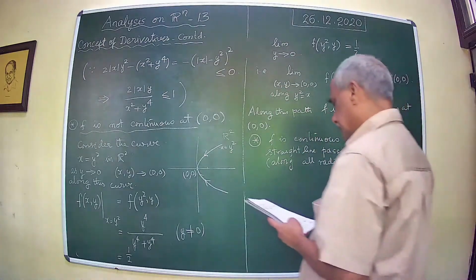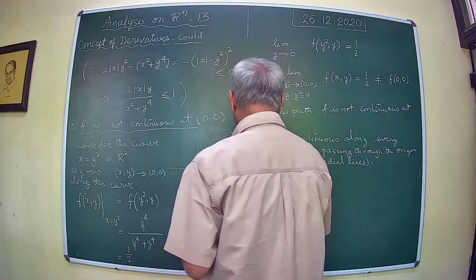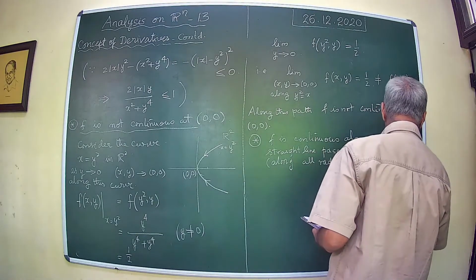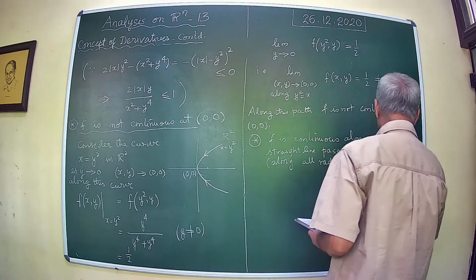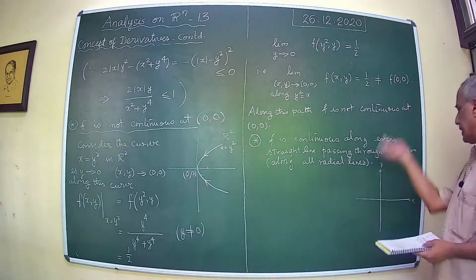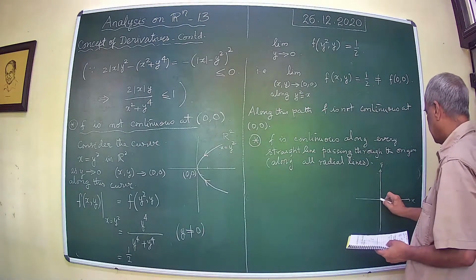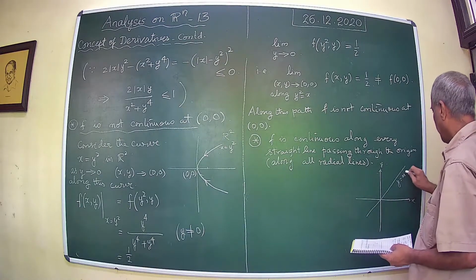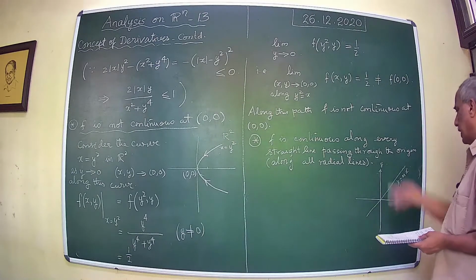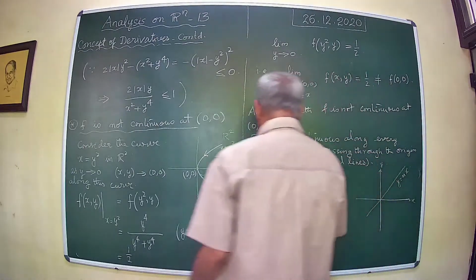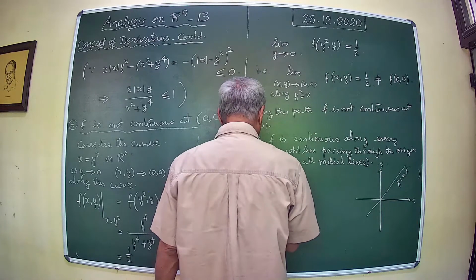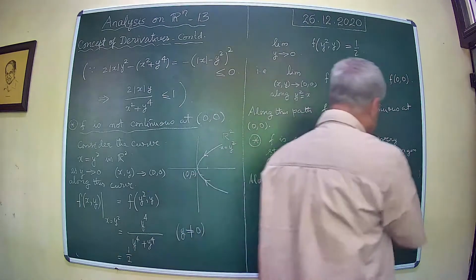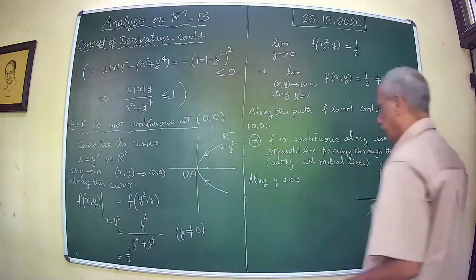This is quite easy. If you take the radial lines, this is the x-axis and this is the y-axis, and this is any general line y equal to mx. Along the y-axis, we have to do it separately because the y-axis cannot be written as y equal to f of x.